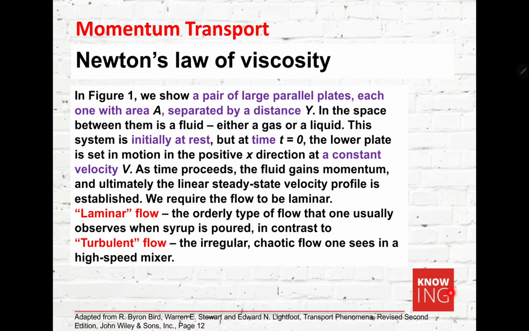We have two types of flow: one is laminar flow, which is the case here, and the other is turbulent flow. Laminar and turbulent flow depend on the Reynolds number. For a high Reynolds number, we have turbulent flow, whereas for a low Reynolds number, we have laminar flow.